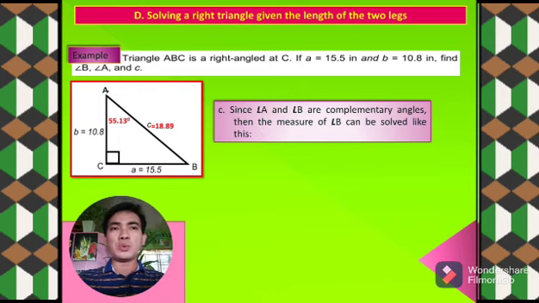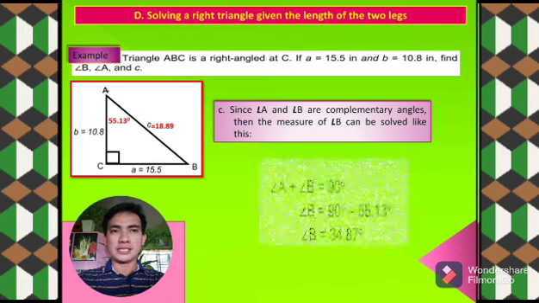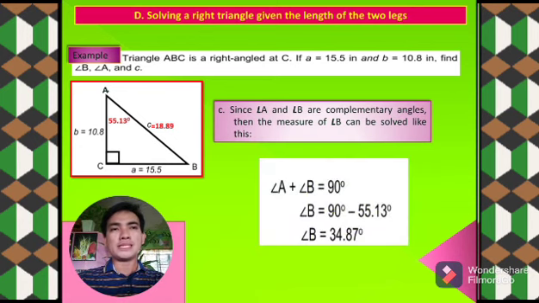Remember that one. Then the measure of angle B can be solved like this. Angle A plus the measure of angle B is equal to 90 degrees. So we're looking for the measure of angle B, so you would have 90 minus 55.13 degrees, which is the measure of angle A. And that would give you therefore 34.87 degrees. Okay, I think that was very clear.